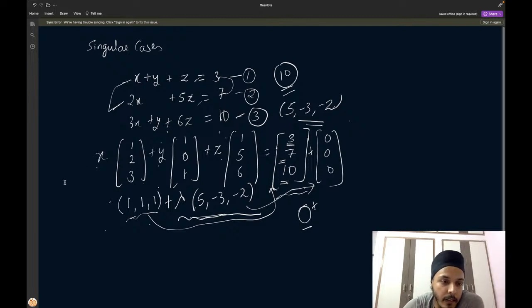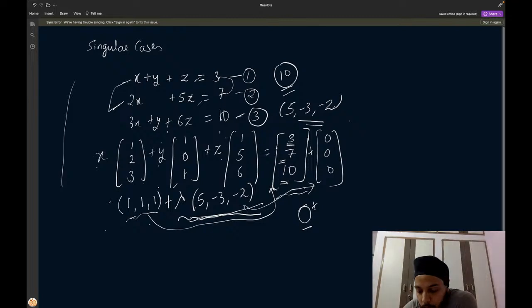So we will have a line of whole solutions. So this is a line of our whole solutions. So this is nothing but 1, 1, 1 plus lambda times 5, minus 3 and minus 2.